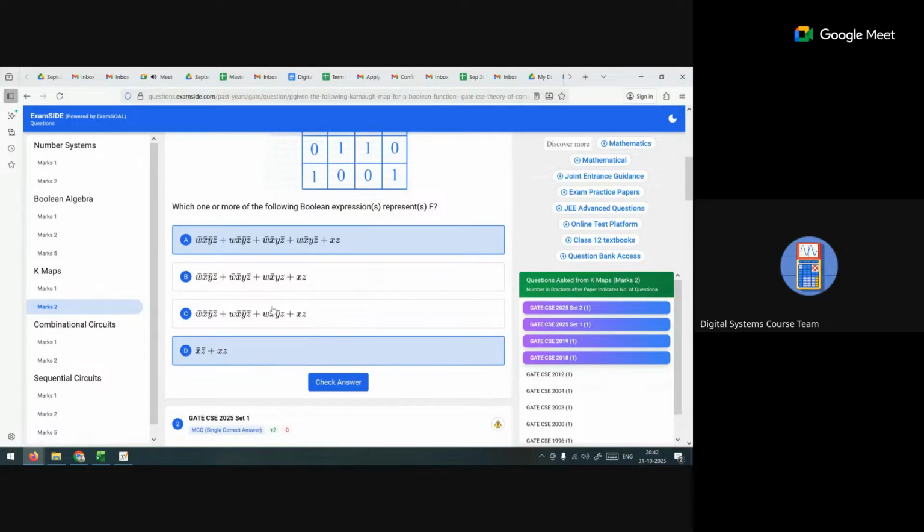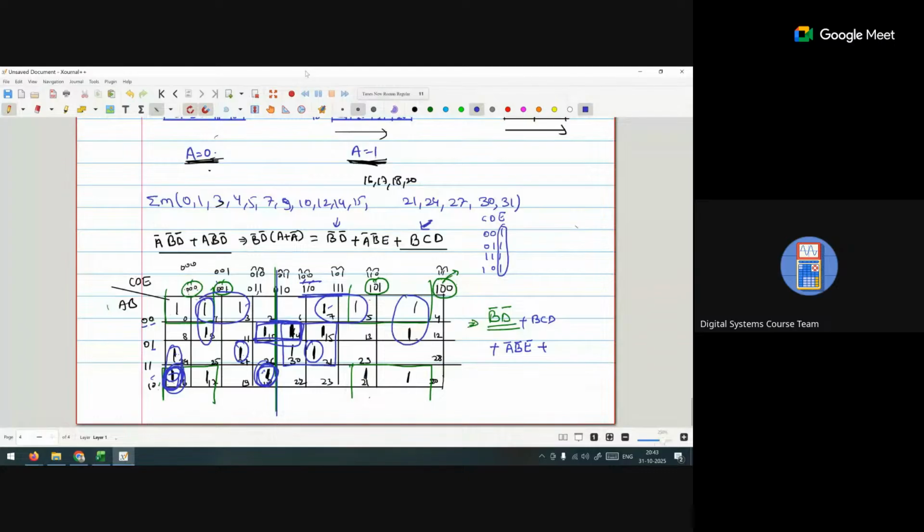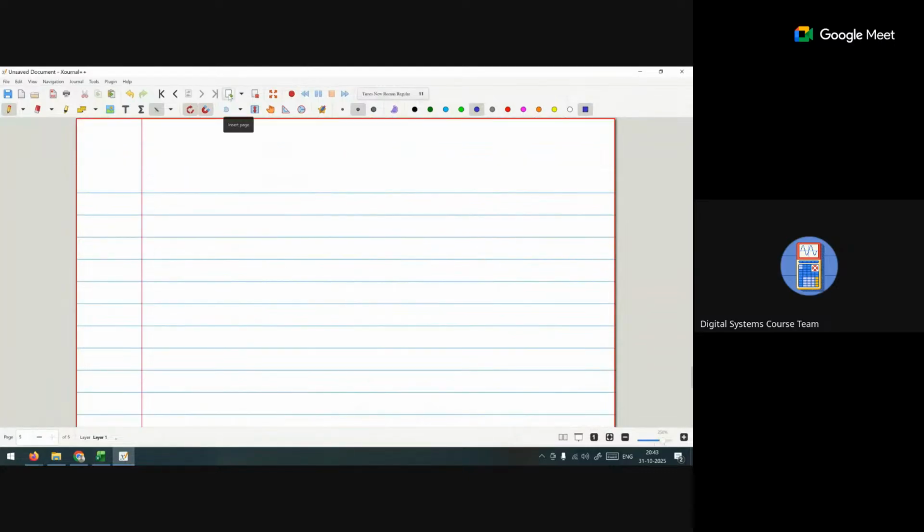Okay, but along with option D, if I write X bar Z bar in the canonical form, I just take it as an example.